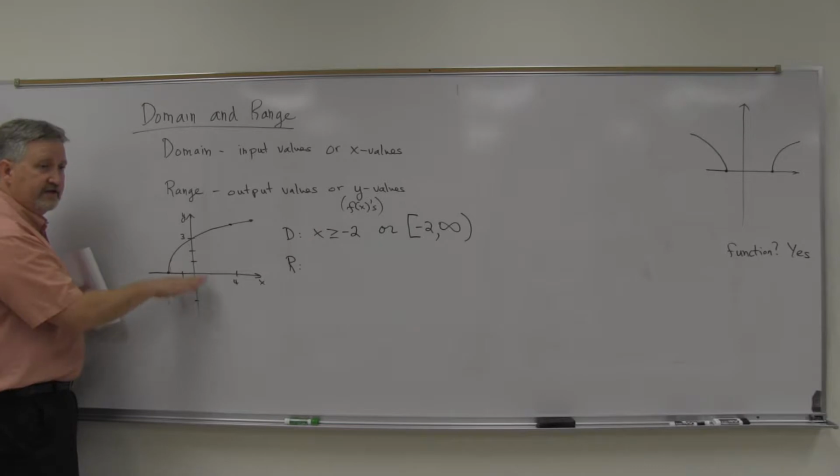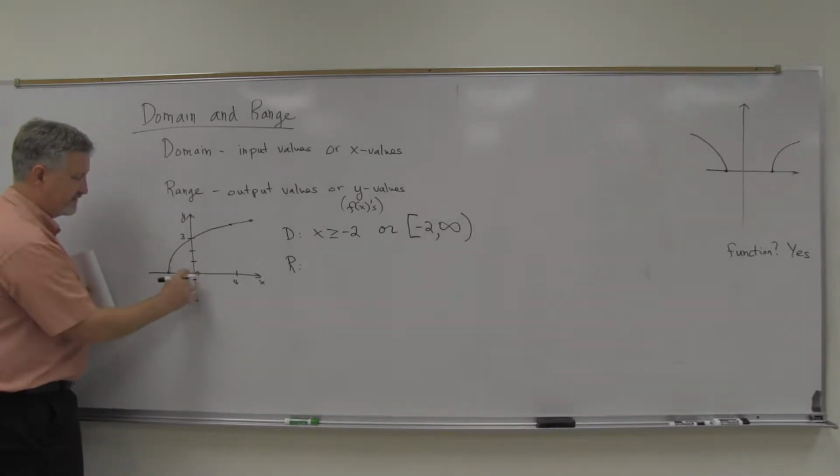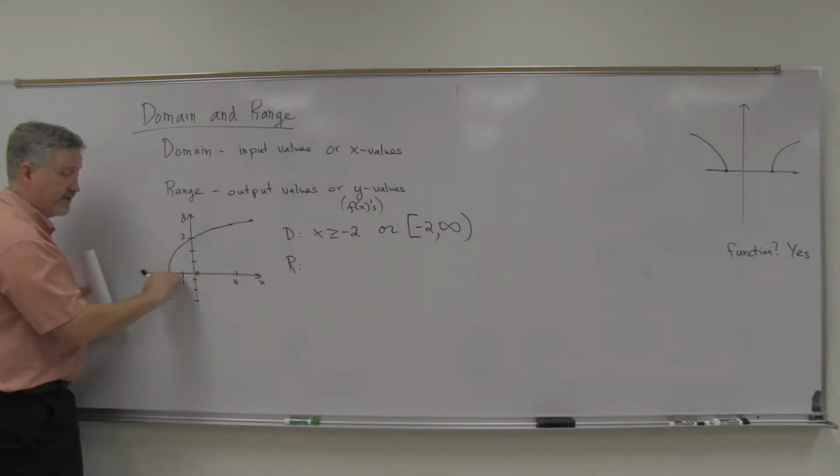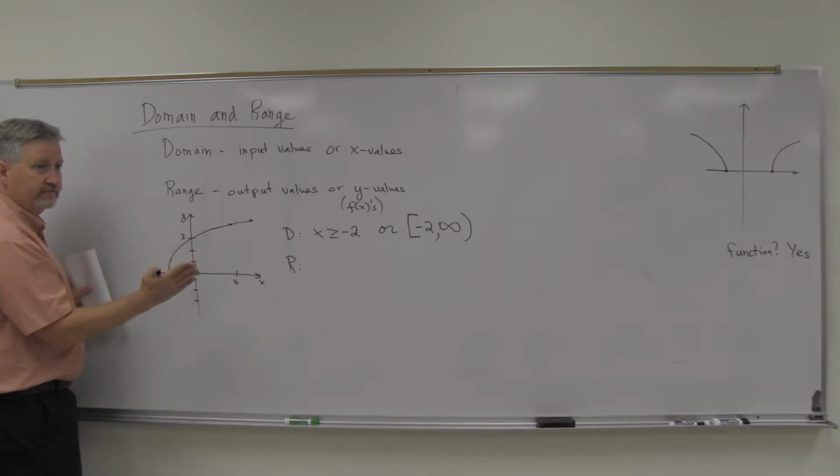There's nothing in the negative range for y. Where does y start? Right at 0, because you've got this point right here. This point is -2, 0, so there is a 0 y value.